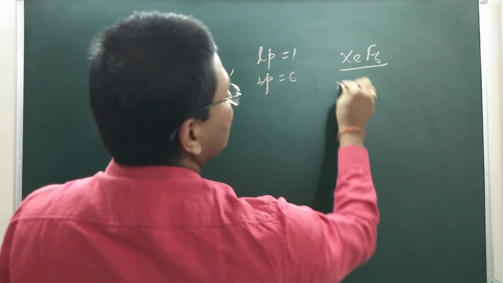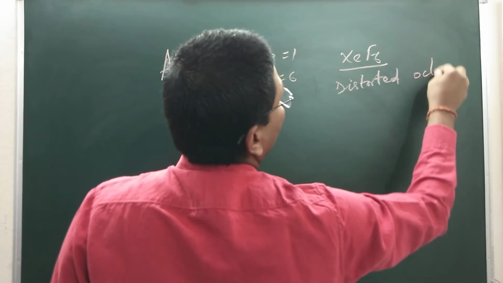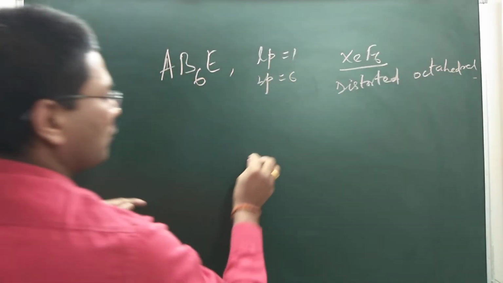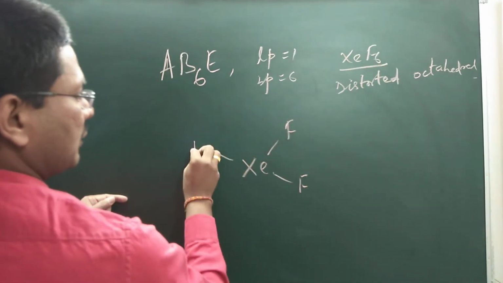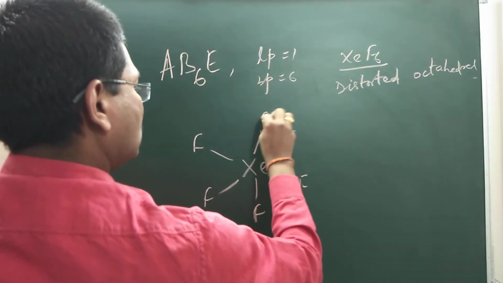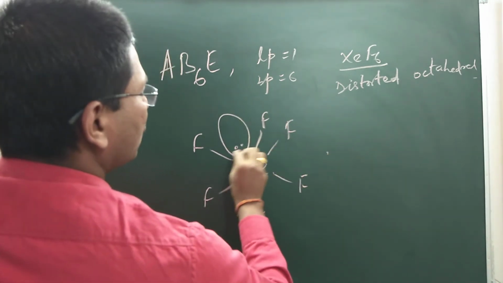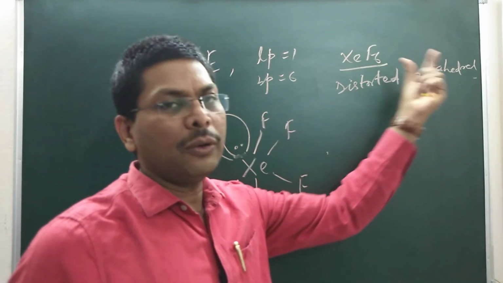Here the shape is distorted octahedral. Why distorted octahedral? Because of the presence of 1 lone pair. So if you see the structure, this is distorted octahedral. Due to the presence of this lone pair, the shape changes and it becomes distorted octahedral.